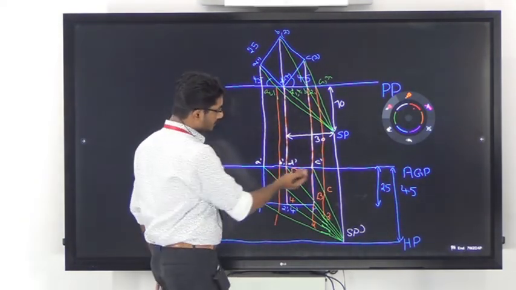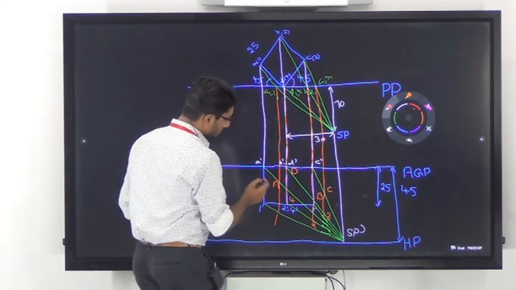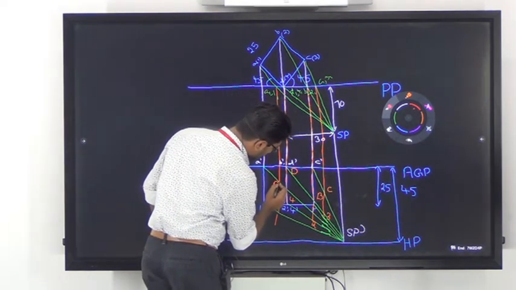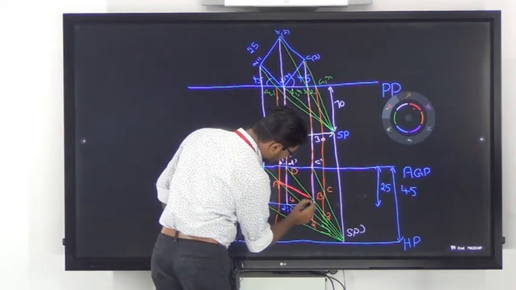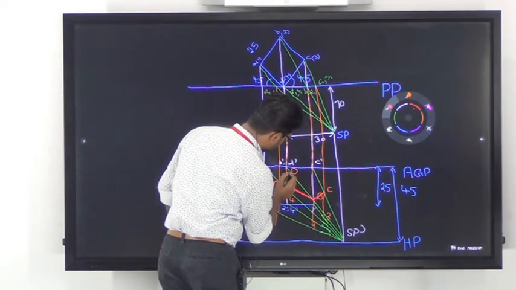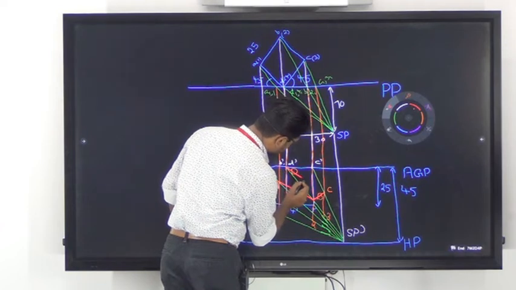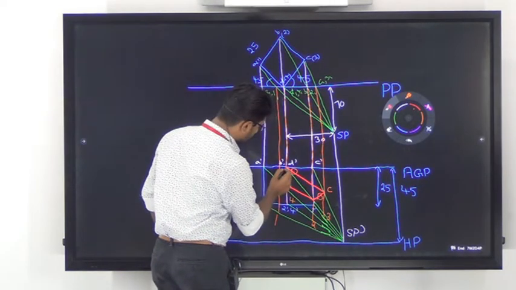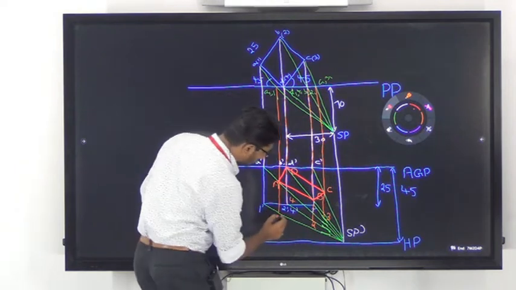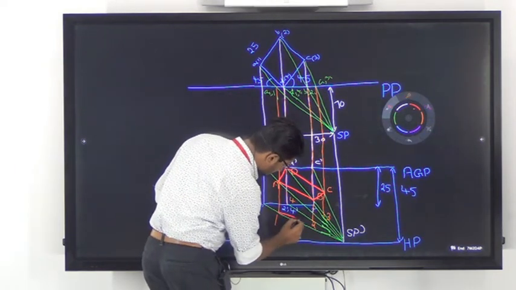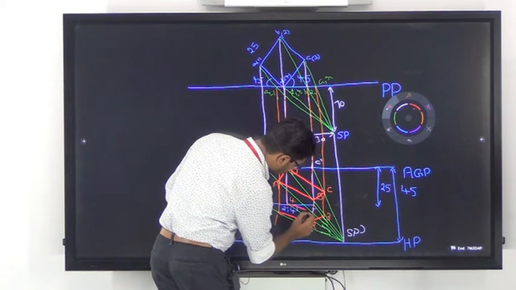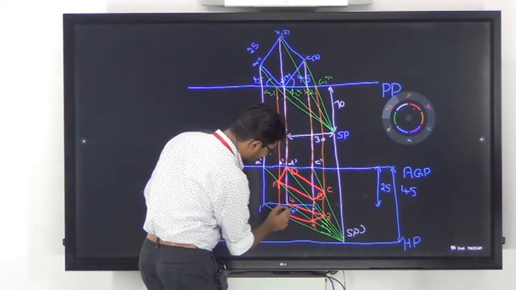Now join the points in the same order. So we are joining the points A, B, B, C, C, D and D, A. Similarly, we can join the points 1, 2, 2, 3, 3, 4 and 4, 1.